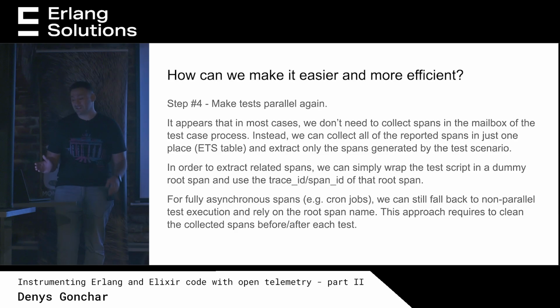You can just drop everything collected before, and then you know that everything generated during your test case is related to it. So you normally use the name of the pattern for looking for this span and the trace ID of the root span, and continue with a normal approach.